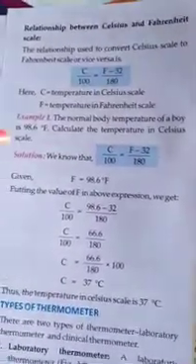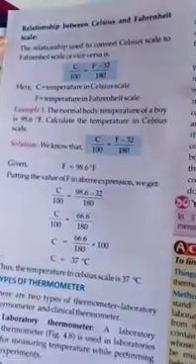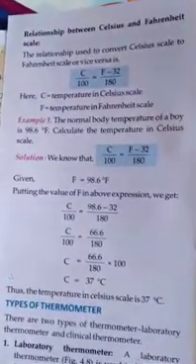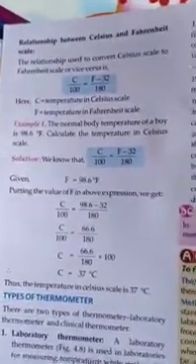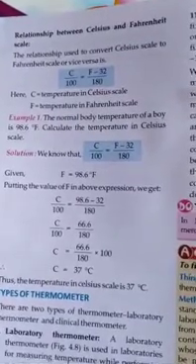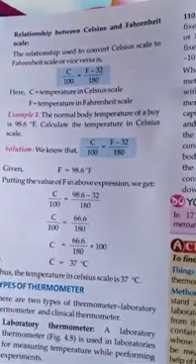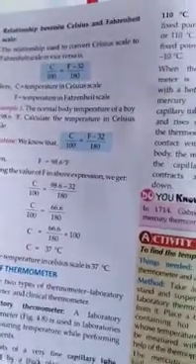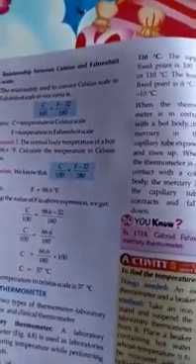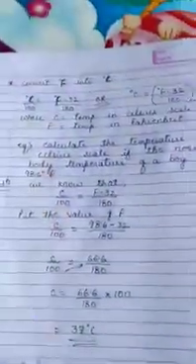In the book, only the conversion of Celsius into Fahrenheit is given, but we will also do the conversion of Fahrenheit into Celsius by using the formula C upon 100 is equal to F minus 32 upon 180.